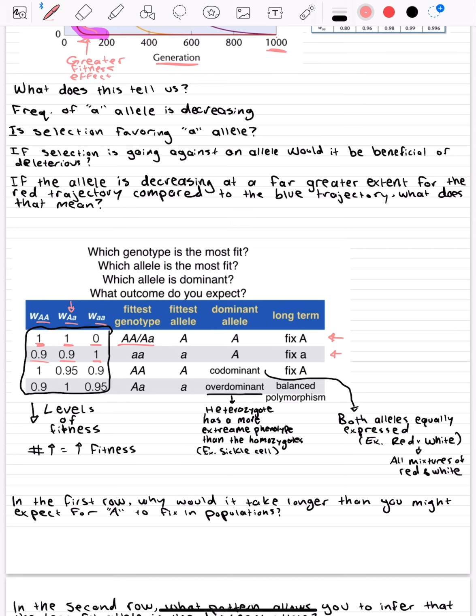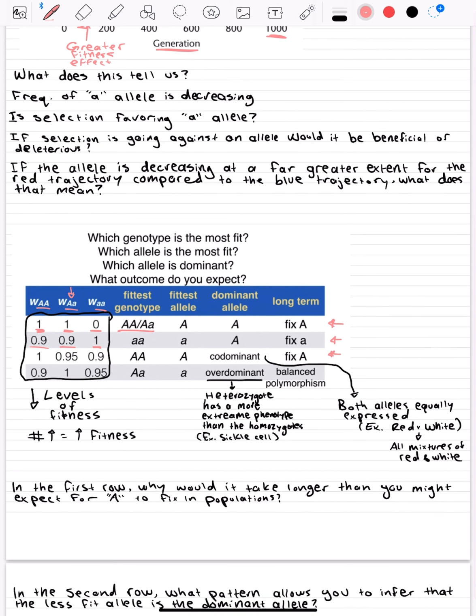So the fittest allele would be little a. The dominant allele would still be big A, since the heterozygous individual has the same fitness as the homozygous dominant, so it's masking the effects of the little a allele. In the long term, little a is going to try to reach fixation, 100% frequency.